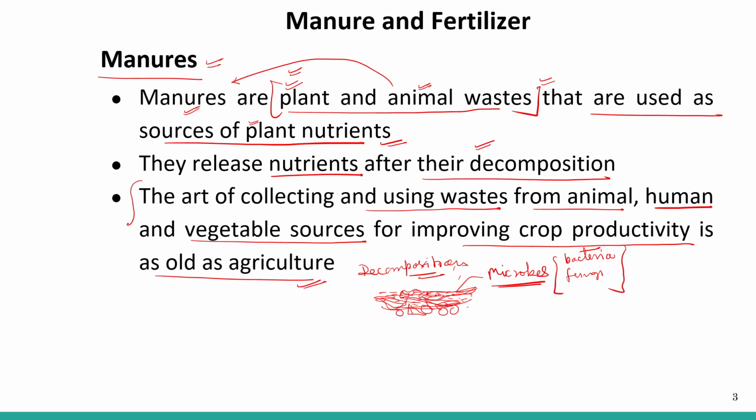Now we are making this manure. This occurs in the forest or any natural landform, but we can also make manure for our farmland. So this is the art of collecting the waste material from animal, human and vegetable, that is plant, sources, and we can change it into manure that will be used for improving crop productivity.